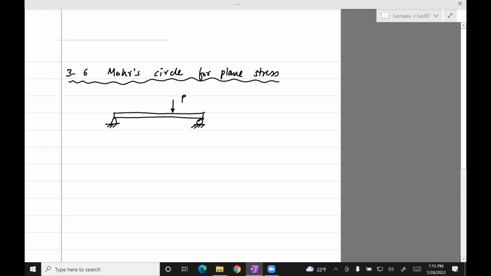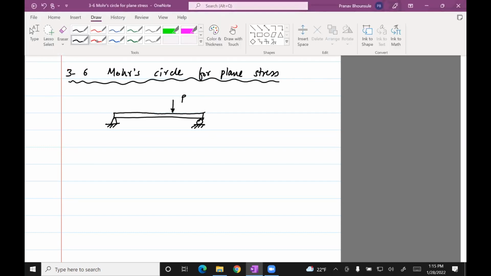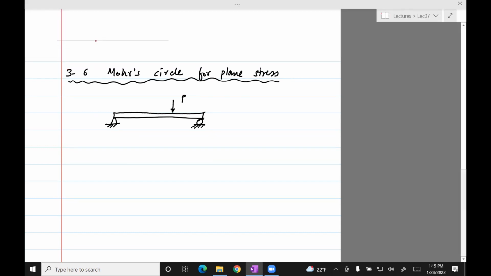Specifically, what we are interested in is figuring out the stress at some location. Let's say that when you observe this particular beam, you found that there's a particular point which is weak, right? Some deformity or something you saw, and that point is, let's say, over here.